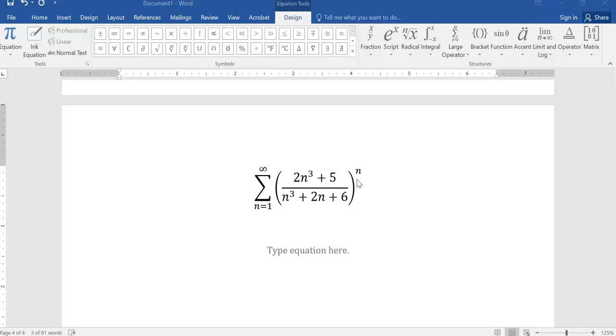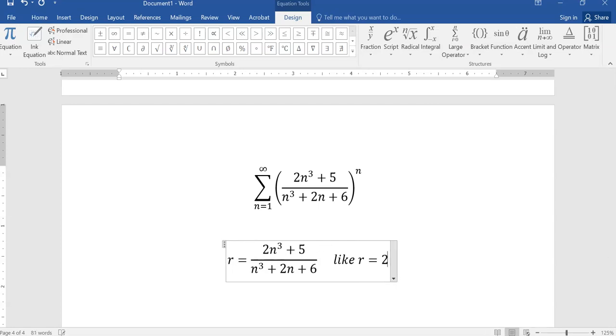Our series again has an nth exponent. That means we say it's like a geometric series where the r is equal to (2n^3 + 5)/(n^3 + 2n + 5). Now when n gets big, that's essentially like r equals 2.